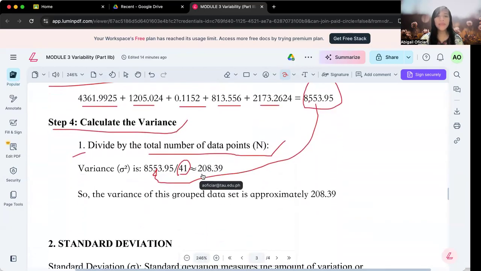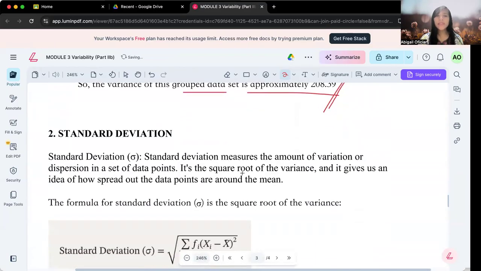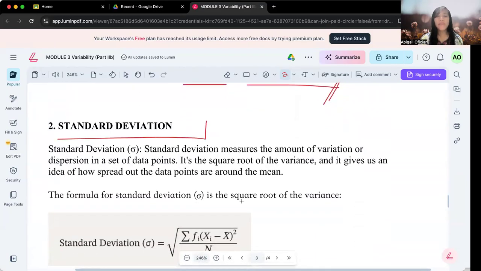We will get 208.39. So the variance of this group data set is approximately 208.39. Now we have the variance. The next is to compute the standard deviation.